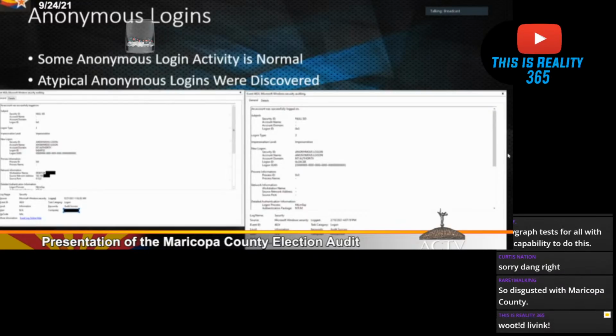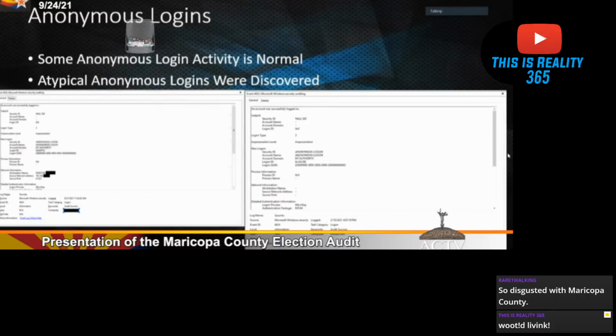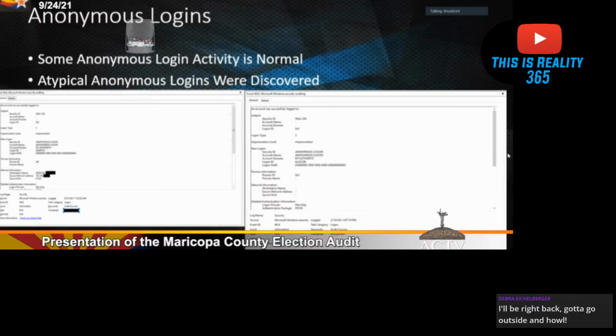In most cases, you'll have the username as anonymous, but that username is then validated against the access control lists and the user authentication mechanisms. So the very next log entry in a normal anonymous activity is a validation of that user's credentials to access that particular device or process or whatever they were accessing.